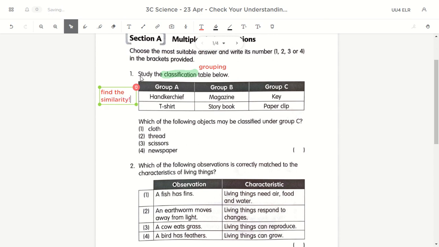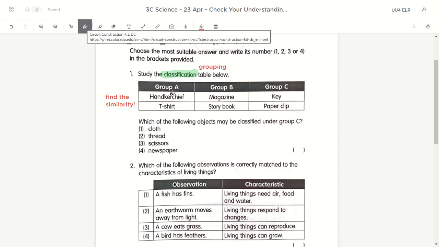Find the similarity within the things in each group. So we look over here, we realize that handkerchief and t-shirt is one group, magazine and storybook is one group, key and paper clip is one group. So you realize that, hey, maybe they are grouped according to the material they are made from.